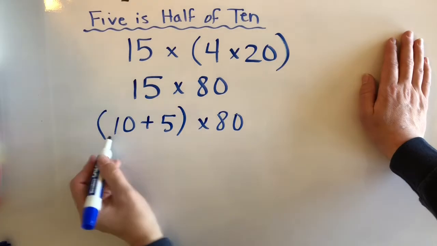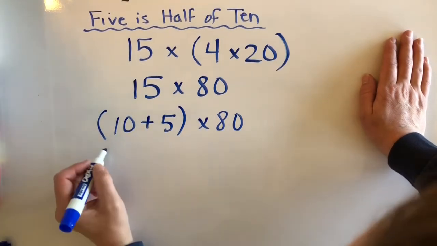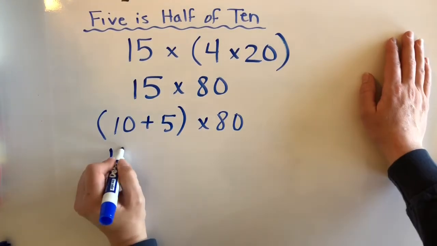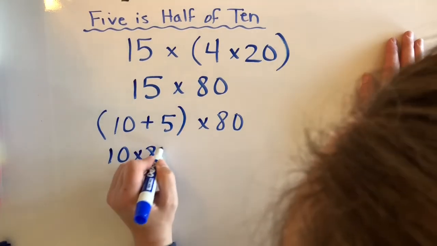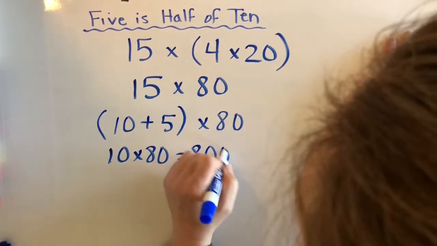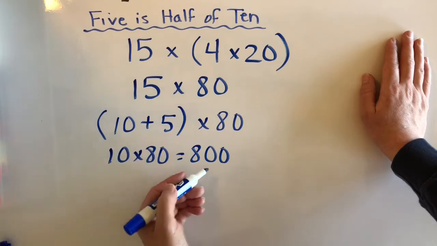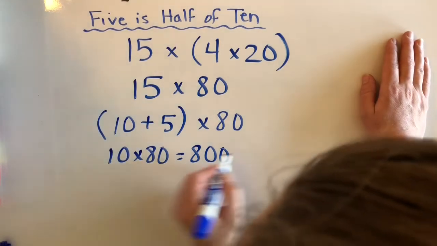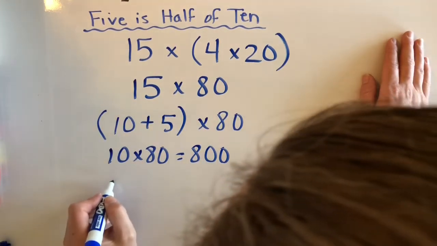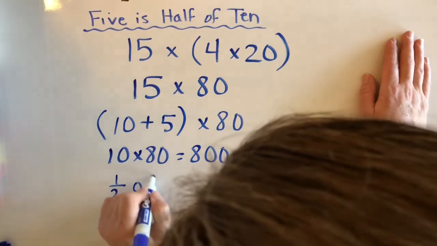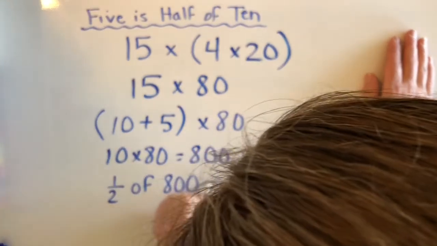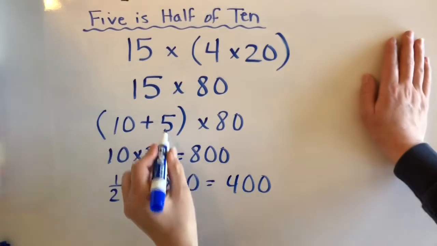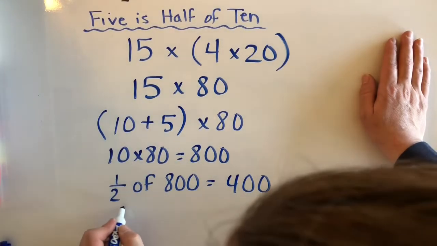So I could do 10 times 80, which I know equals 800. And then 5 times 80 is half of this. If I know that half of 800 equals 400, that would also be 5 times 80.